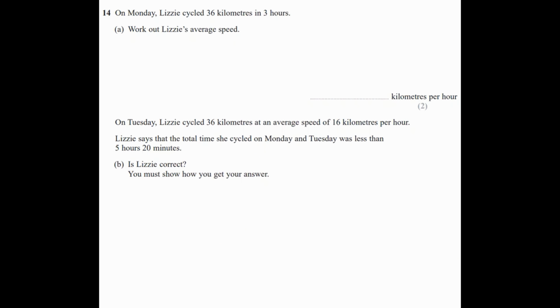Question 14. On Monday, Lizzie cycled 36 kilometres in 3 hours. Work out Lizzie's average speed. Well, if she did 36 kilometres in 3 hours, if we take 36 and divide it by 3, that means on average she did 12 kilometres per hour.